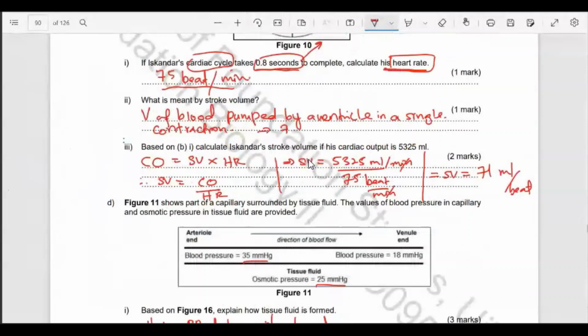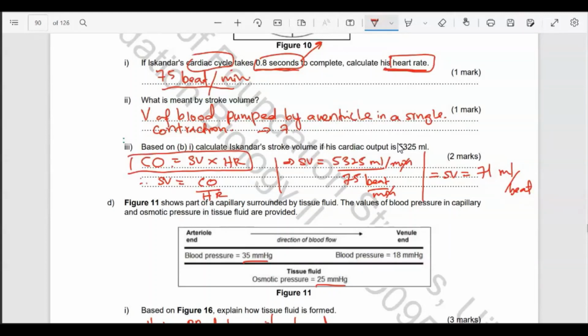Okay, so based on the above question, calculate Iskandar's stroke volume if his cardiac output is 5,325 milliliter. So this is the formula that you have to remember. Cardiac output equals stroke volume times heart rate.